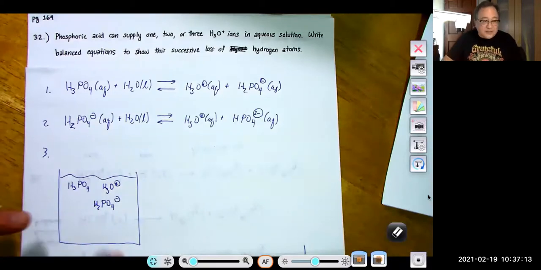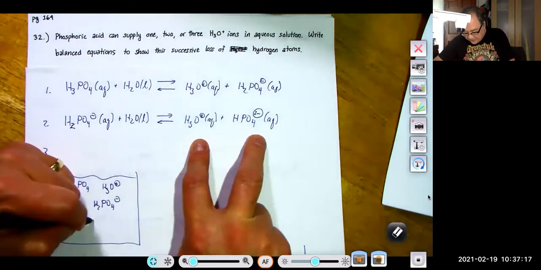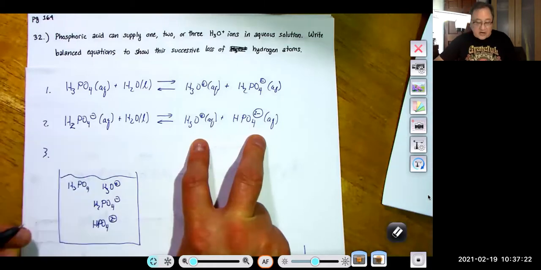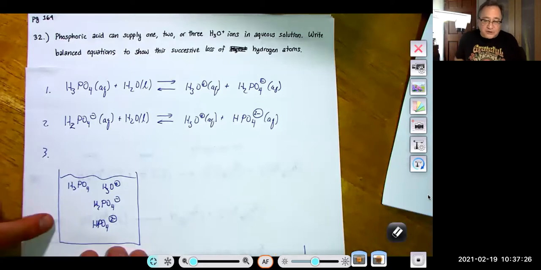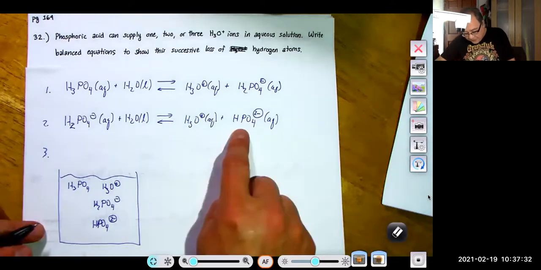However, when this is in water, it can do this. So that means you also have some of this. I'm not going to write this again because I already have it there. And I'm not trying to represent these in proportions. I'm just trying to show you what's in water. And this can come apart, and that means you also have some of this.